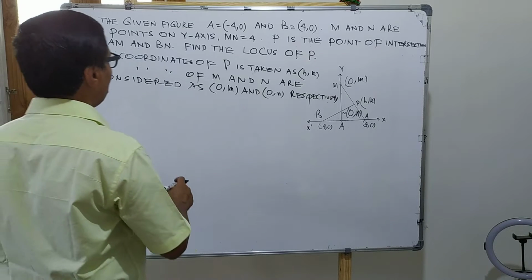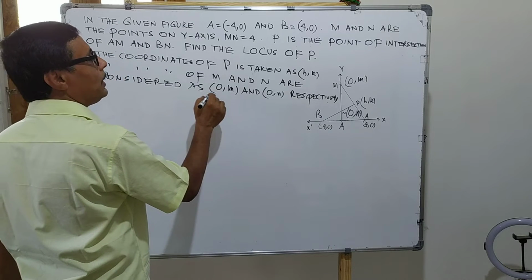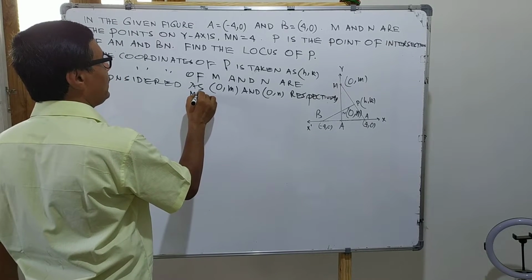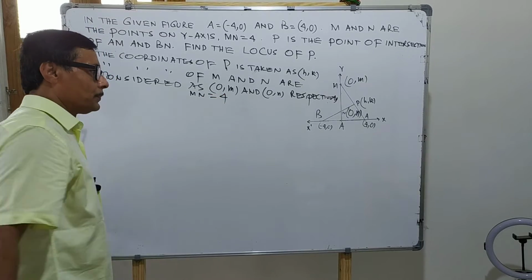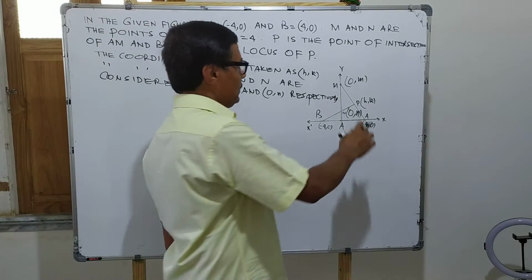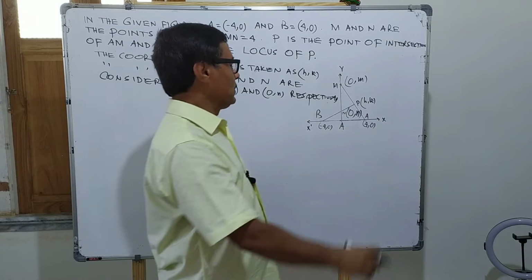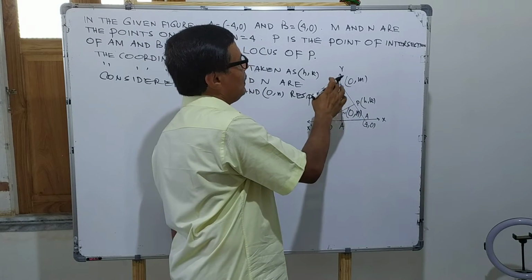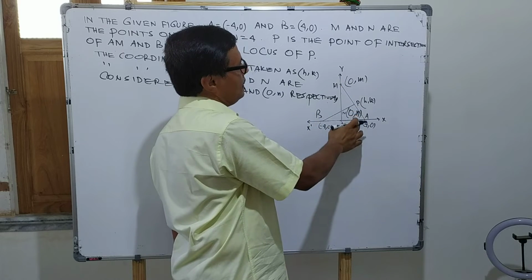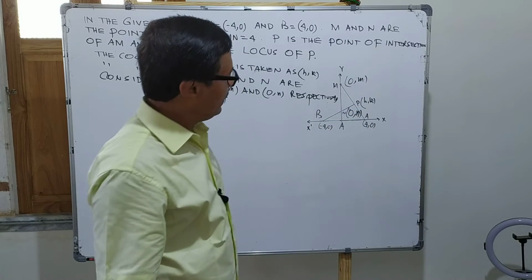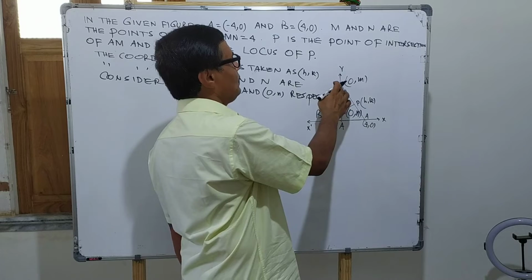Now also we are given MN equal to 4. Now the line segment AM has 2 points, one of which is on the x-axis and the other on the y-axis.